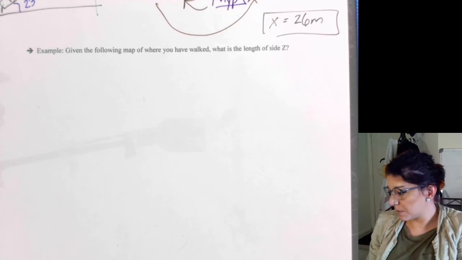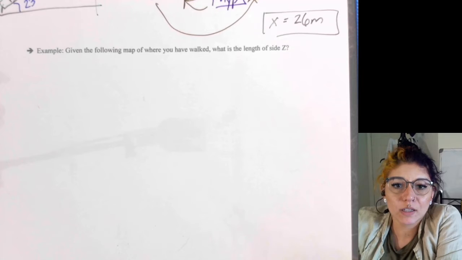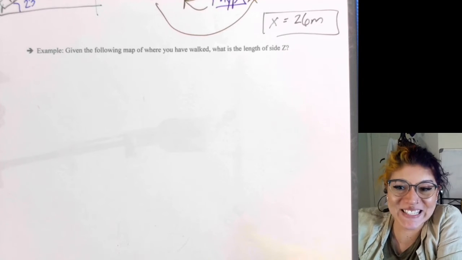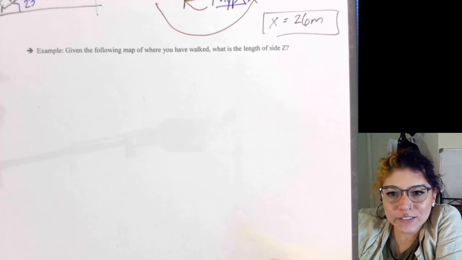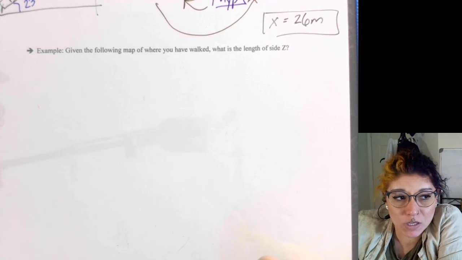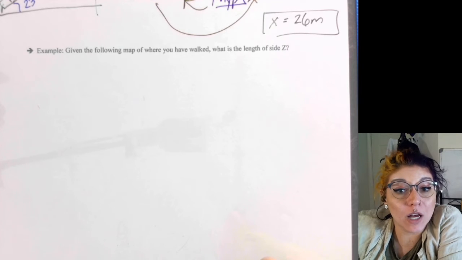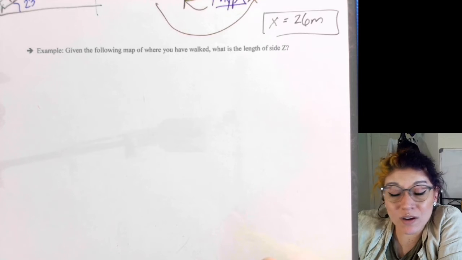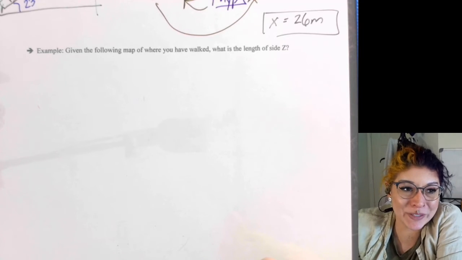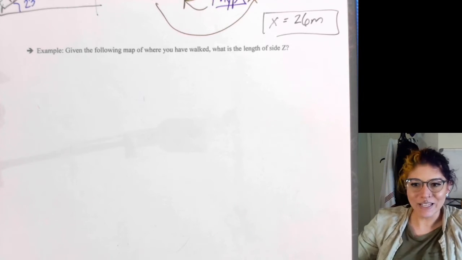Okay, last example for this. Given the following map, which I will draw in a second, what is the length of side Z? So again, for a lot of these types of problems, we're going to be dealing with triangles because think about it.